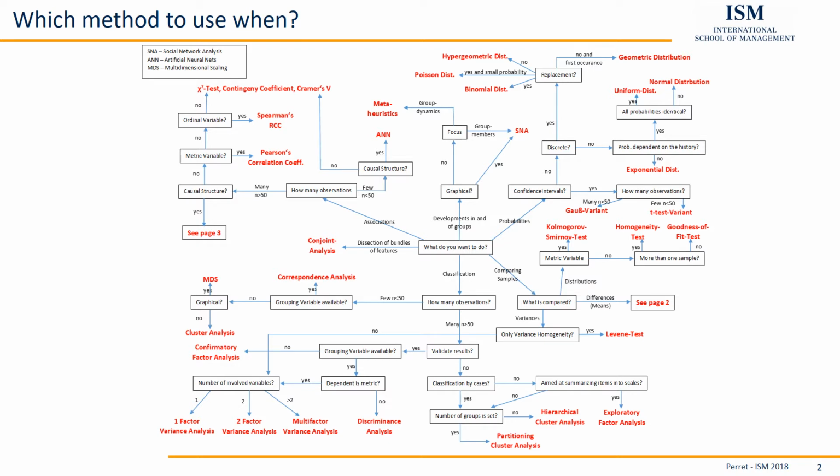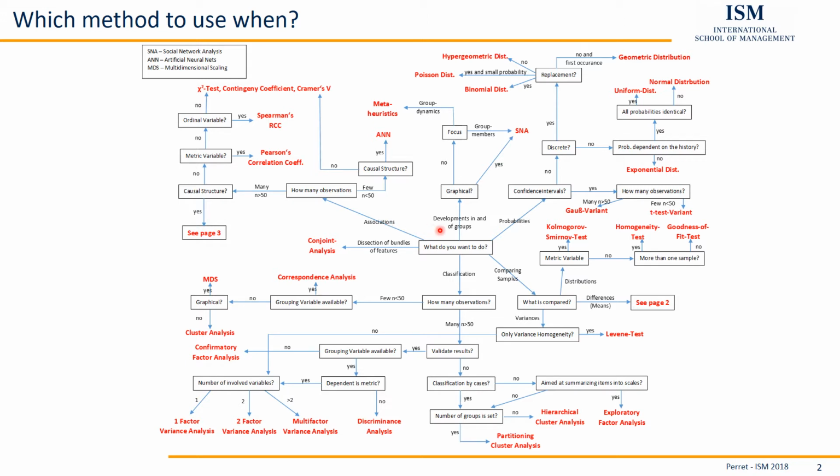For this, first off, to better illustrate this, let me switch to this laser pointer. The central question to start with is here in the middle: what do I want to do? The first idea then would be, we could be asked to dissect different bundles of features. We could be asked about calculating associations between two or more variables.